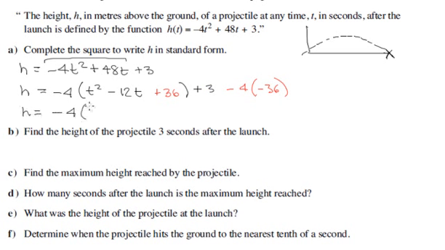Minus 4, this factors, always does. It gives us t minus 6 all squared. And then we have plus 3 plus 144. So our finished version is the height is minus 4 times t minus 6 all squared plus 147.